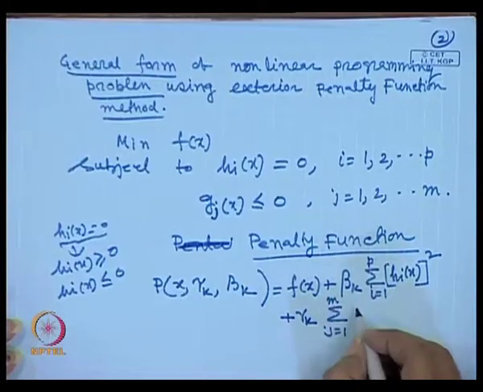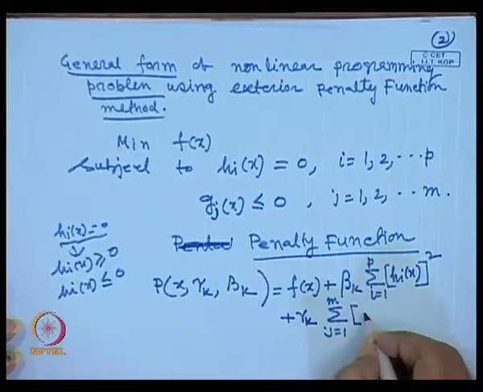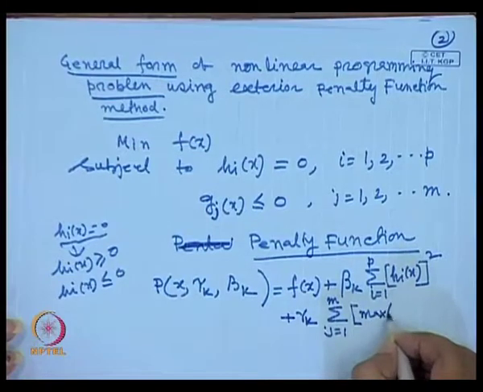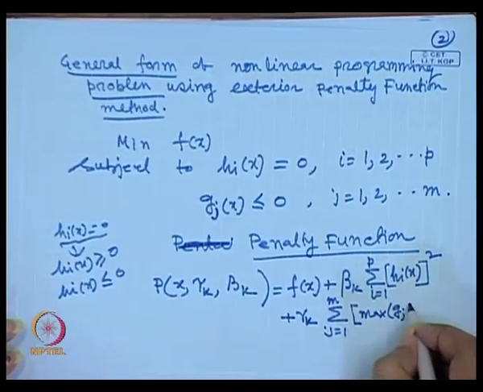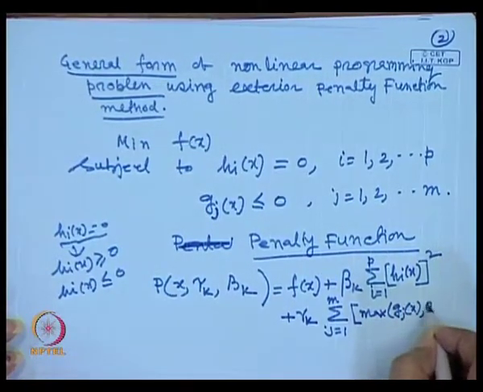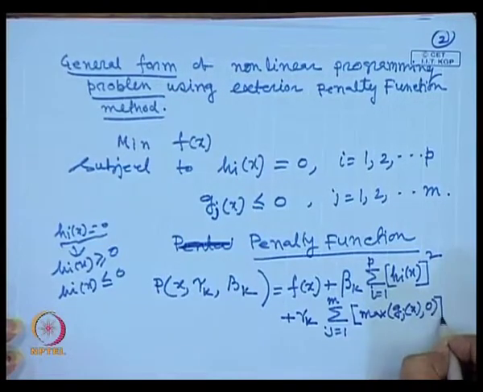Because we have penalty terms associated with the equality constraints, and we have penalty terms associated with the inequality constraints. So, these penalty terms, then tau k is the objective function value.